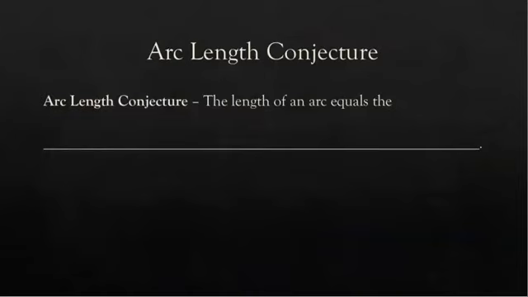So what is the length of an arc equal to? Well, what did we do? We found a fraction, and we found that fraction by measuring the central angle, or the arc measure, and we divided it by the total circle of 360, and then we multiplied by the circumference.